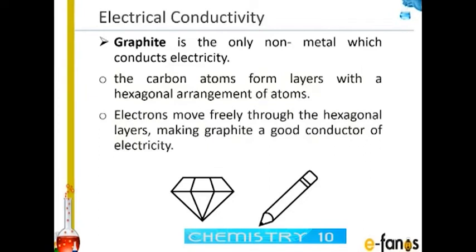And because of this arrangement, the electrons can move freely through the different layers, making graphite a good conductor of electricity. Now, in the earlier slide, we mentioned diamonds as an insulator. And if you remember from previous lessons, both diamonds and graphite are made from carbon. So we can look into this a little bit more to see why diamonds are an insulator and graphite is a conductor.